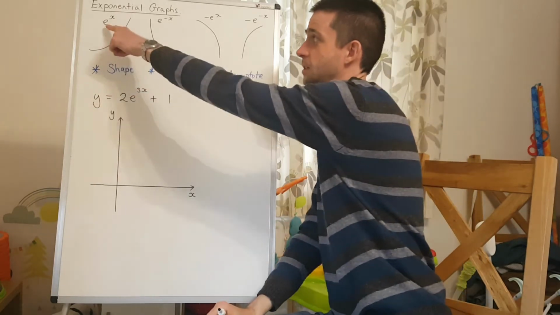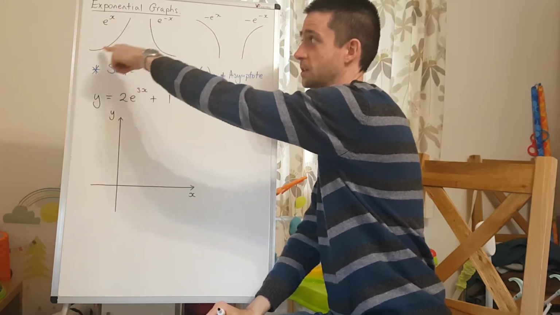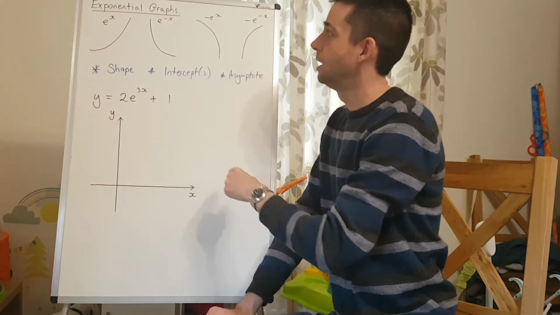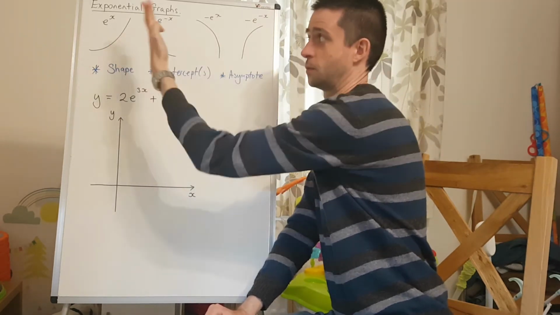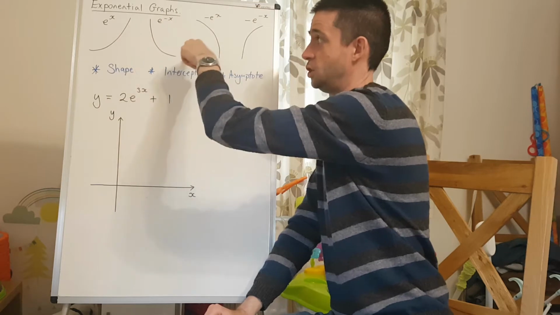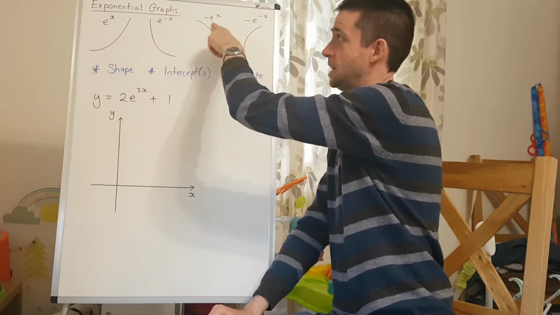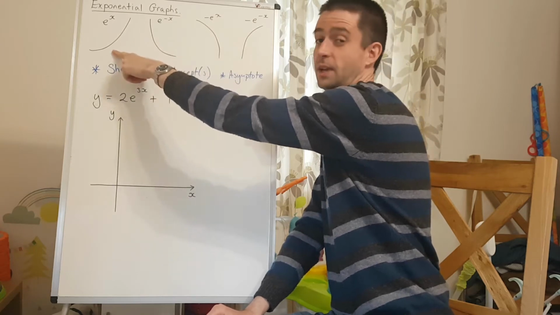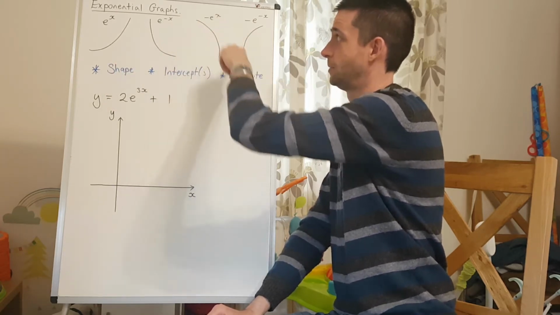The first is the standard e to the x graph that looks like this, like we saw in the previous part of this lesson. E to the negative x would be a reflection of this graph in the y-axis, so the shape of that one's going to look like this. Negative e to the x is going to be a reflection of this one in the x-axis, so it's going to look like this.